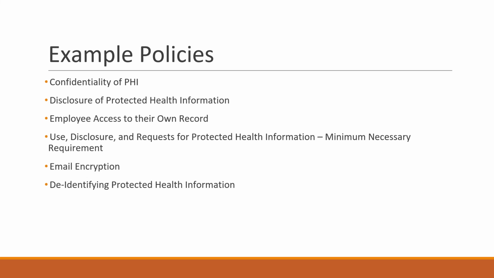Some examples of policies that would relate to HIPAA are confidentiality of PHI. If you go into your policies and you look for the verbiage confidentiality of PHI, record confidentiality, documentation confidentiality, the word confidentiality is probably going to be your keyword in searching for HIPAA level policies.